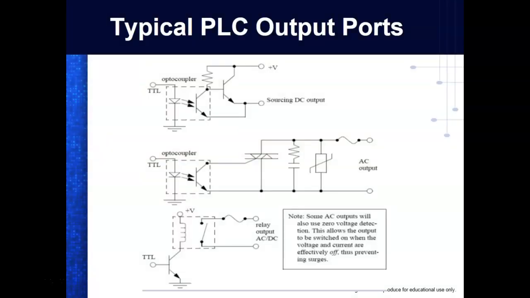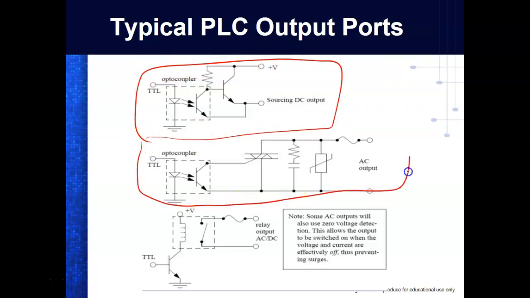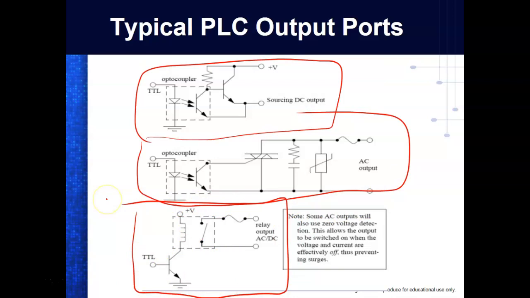This is the top one. This is a DC output. It's what we call a sourcing output. This is an AC output, the one we just looked at. And then this right here would be what we call a relay output. So what we do is we take the output of the optical isolator, which we didn't have, so this would be over here, and then that picks up a relay.